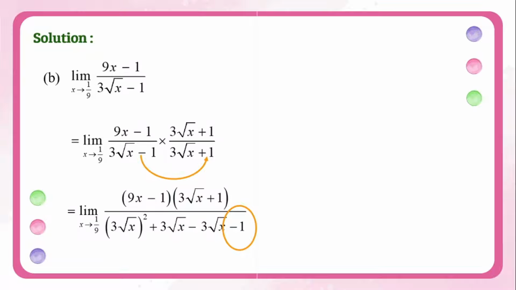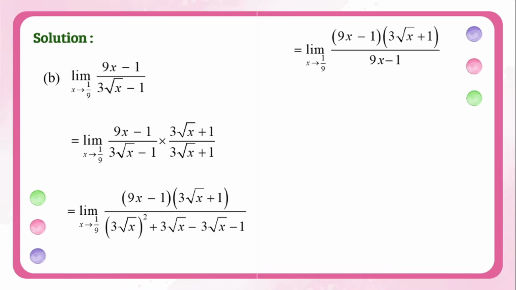Here we can see that we can cancel 3√x minus 3√x and just leave limit of 9x minus 1 times 3√x plus 1 over 9x minus 1 as x approaches 1 over 9.